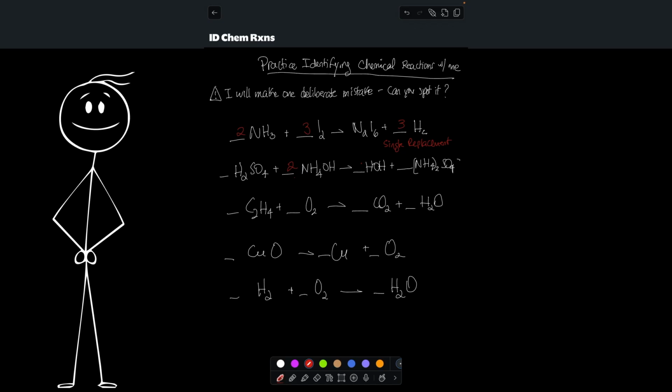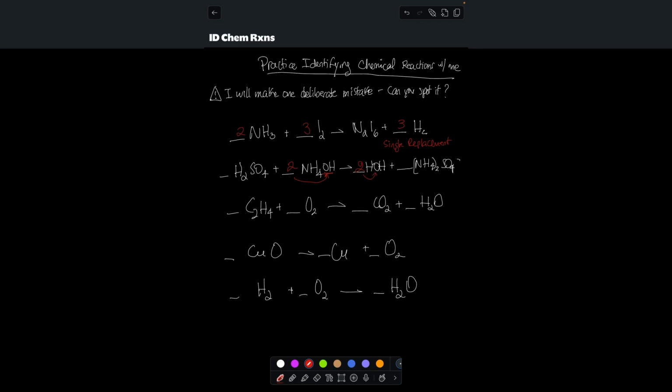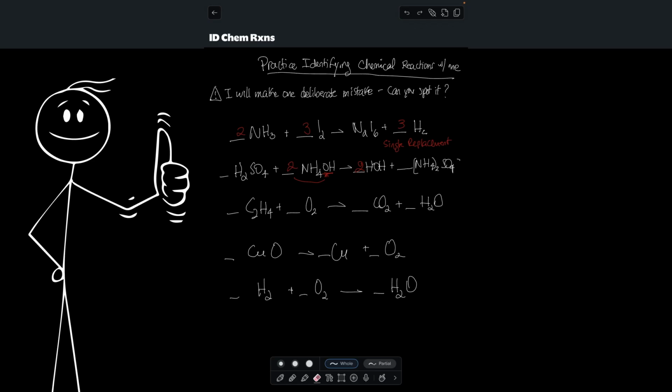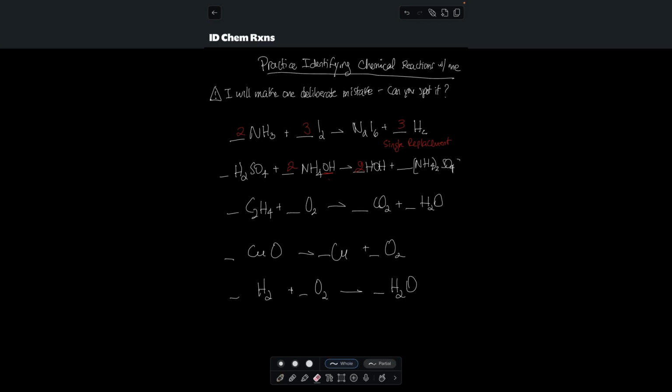To create the 2 OH over here, we can put this. This will create 2 of the O's, but it would actually create 2 times 2 of the H's, which is 4. That is okay, because if we look on the right side, there's not only 2 H's, but there's also an additional 2 H's here. So we actually have 4 of them, so that's okay.